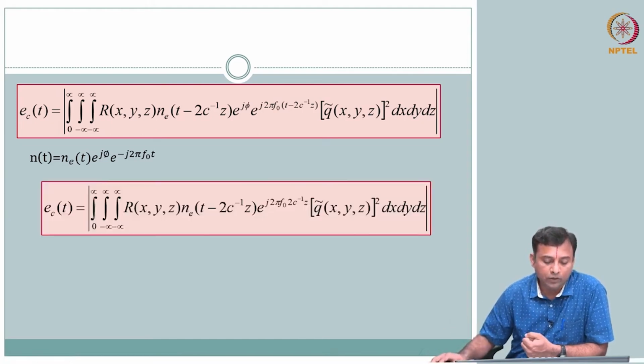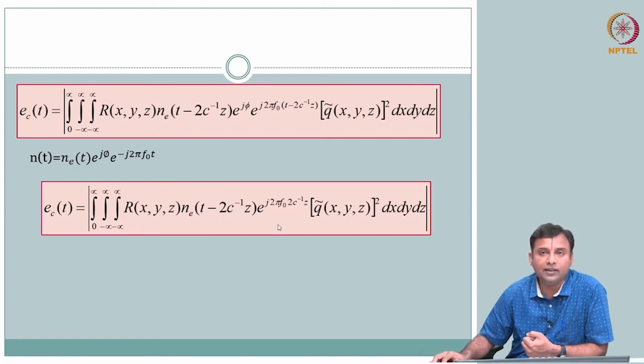Okay. So, now what do we do? Well, EC of t is modulus of R x y z, right, your envelope e^(j phi). Oh, where is this e^(j phi) gone? Not only that, look here, e^(j 2 pi f naught t) is not here.